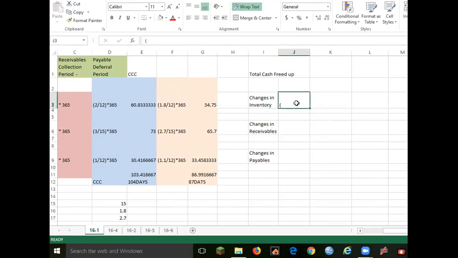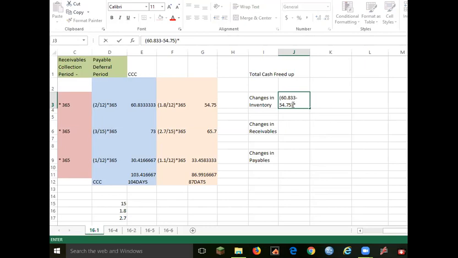So we subtract these days from each other, and we get the days increase or decrease. So 60.833 minus 54.75.